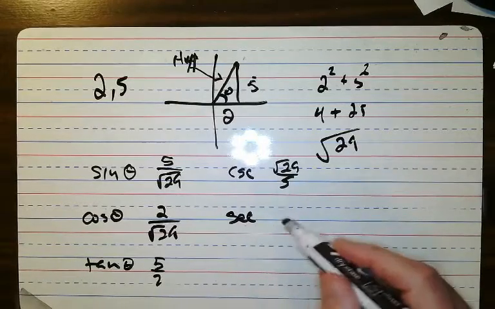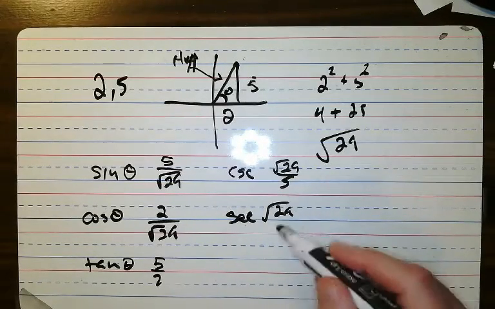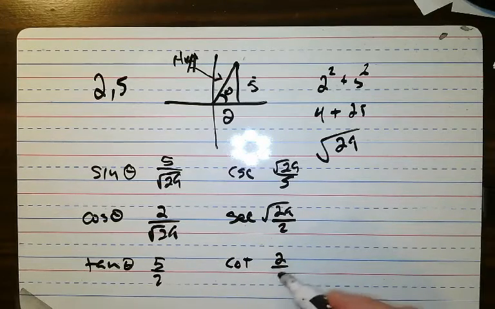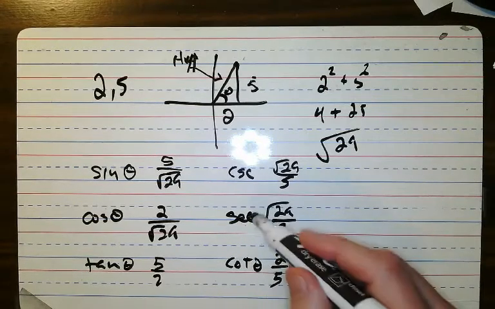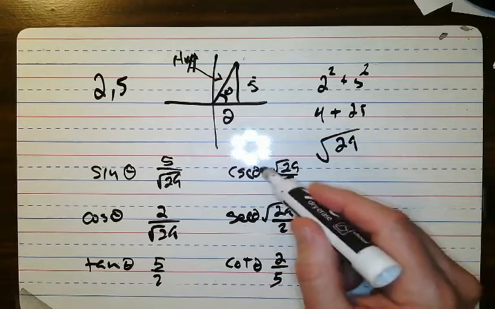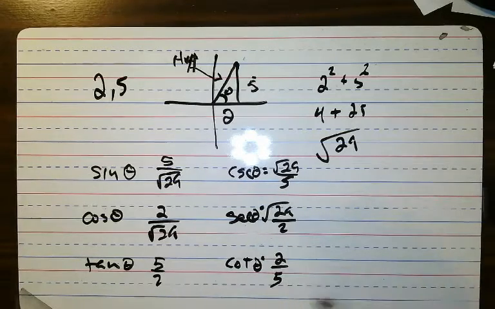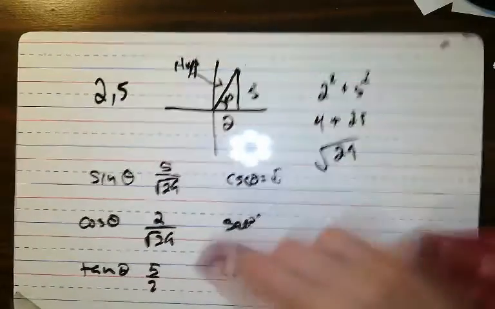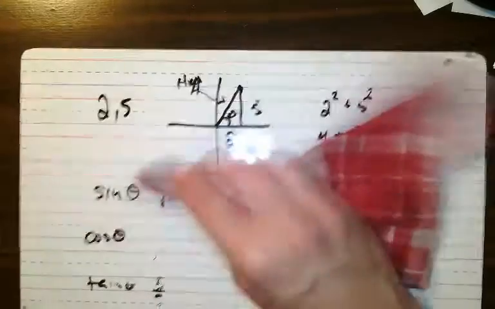The secant would be the square root of 29 over 2. And the cotangent would be 2/5. Yeah, that's what we do. So there's nothing to it. That's what we want to be able to do every single time.